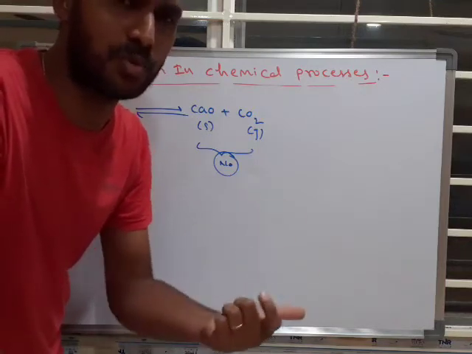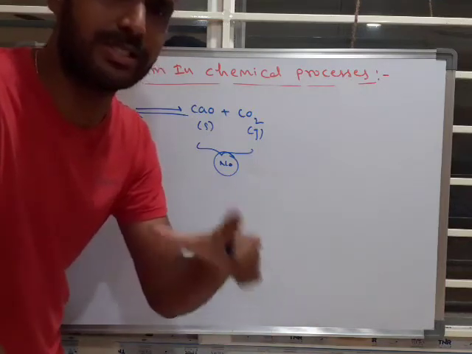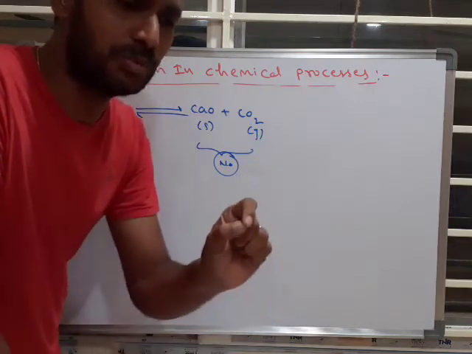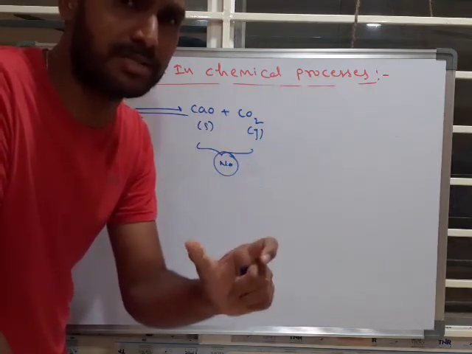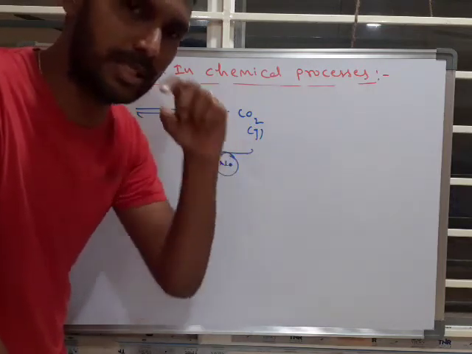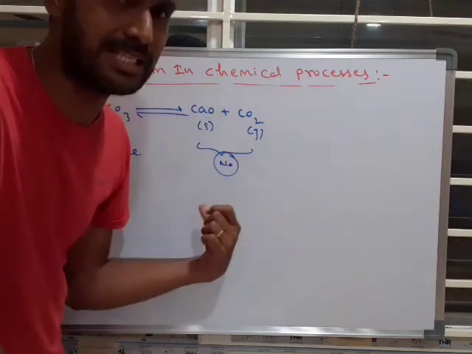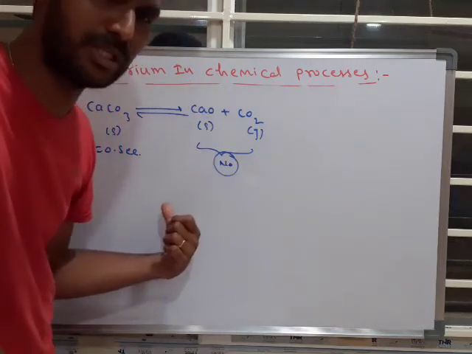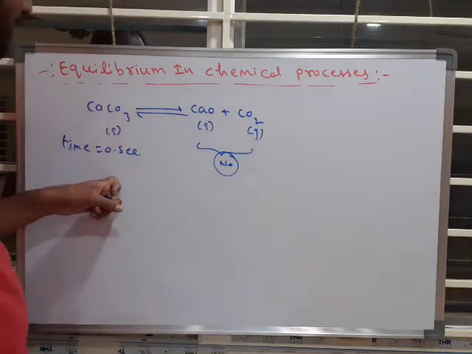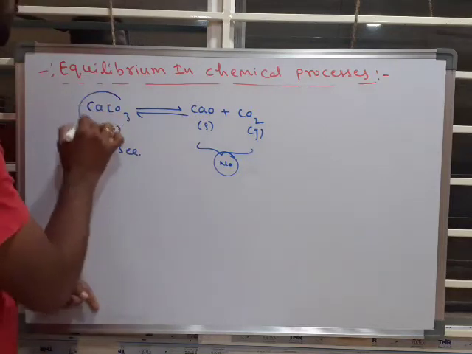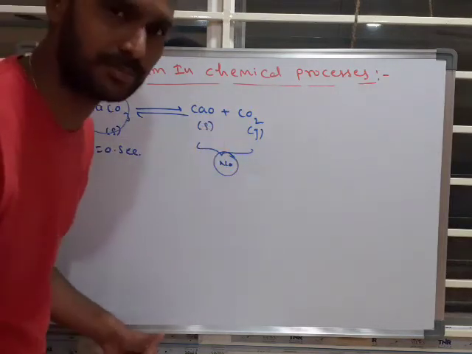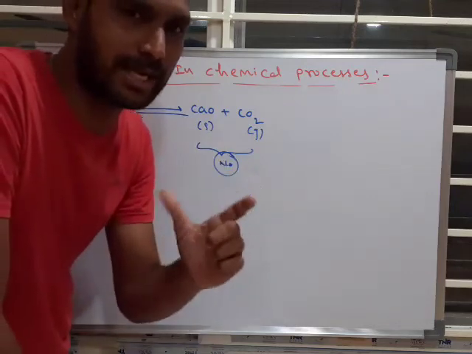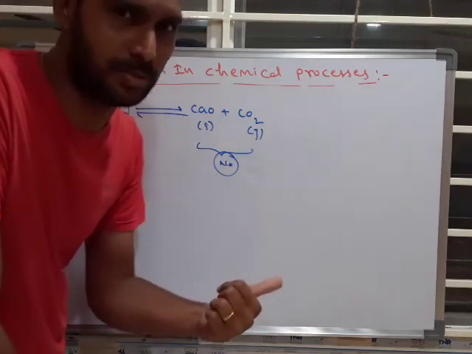But as time goes on, the reaction, we are discussing above 1000 degrees. Initially at 0 time there is CaCO3, that is the reactants. We know that the left side is the reactant. So the reactants are 100%, and the products are 0. That is, at initial time reactants are 100%, products are 0%.